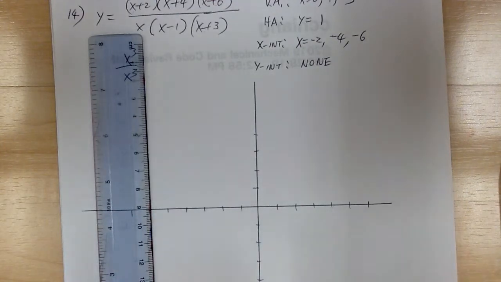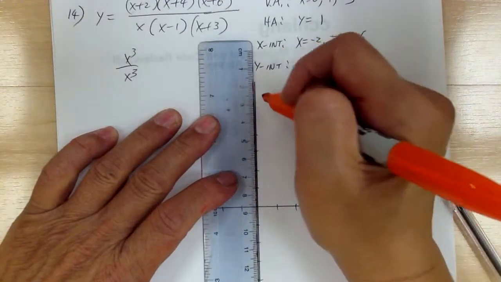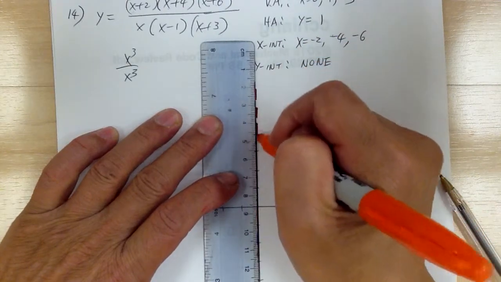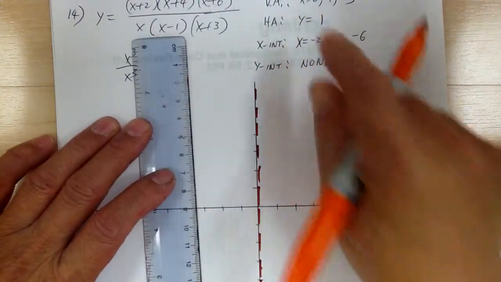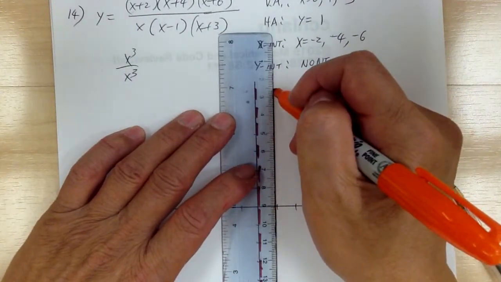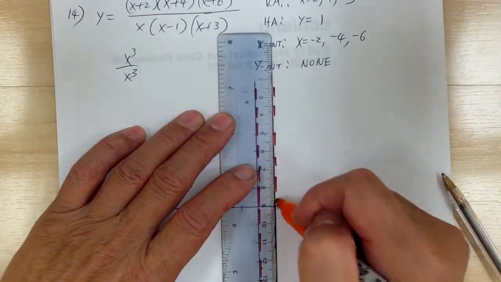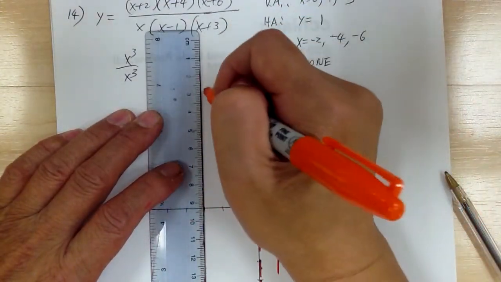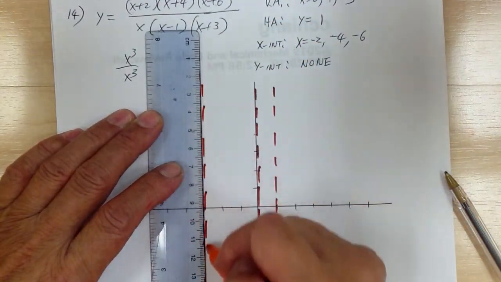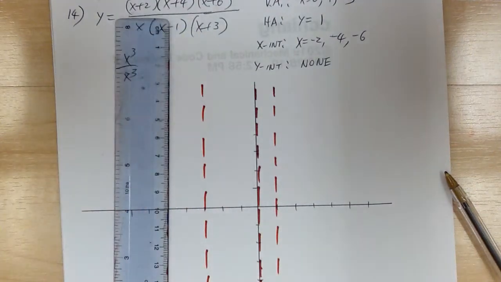This one's going to be hard to see. So when it's on the axis, I'm going to use the orange so you can see. So it's 0 and 1, and the negative 3. So those are your vertical asymptotes. And then you have the horizontal asymptote at 1.